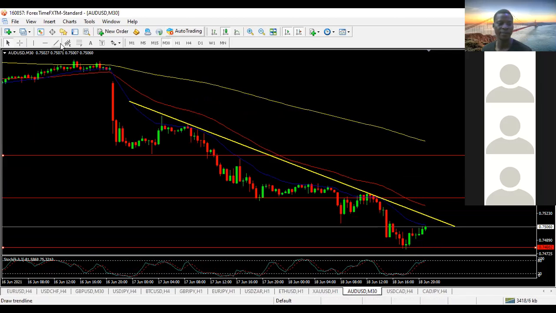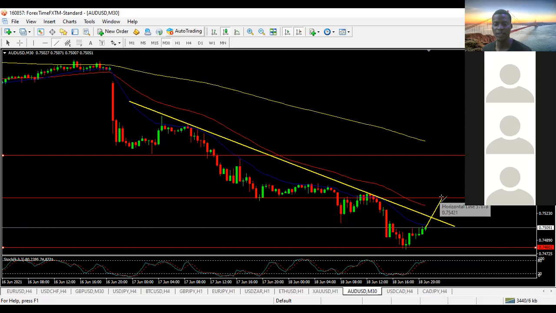If you want to pick a buy entry, it's advisable you see the market open and close at the trend line. Then you have to wait for a retest.